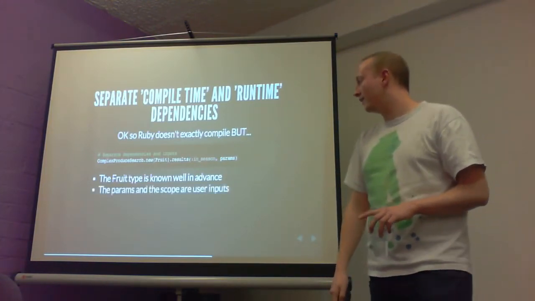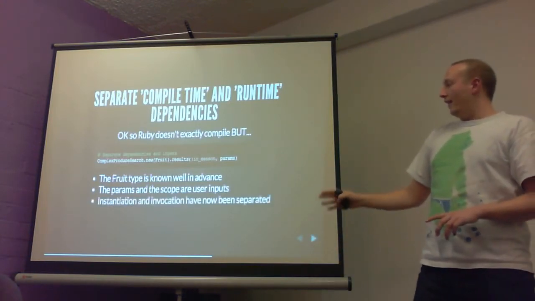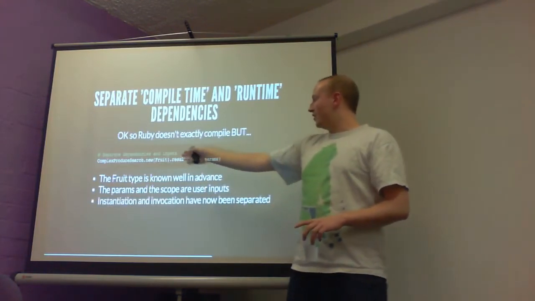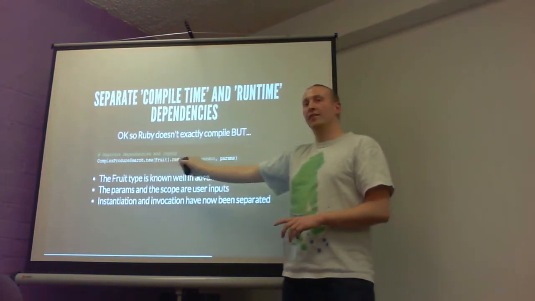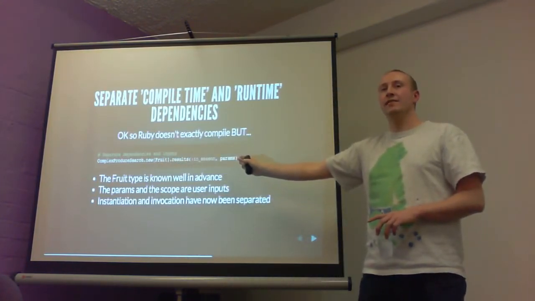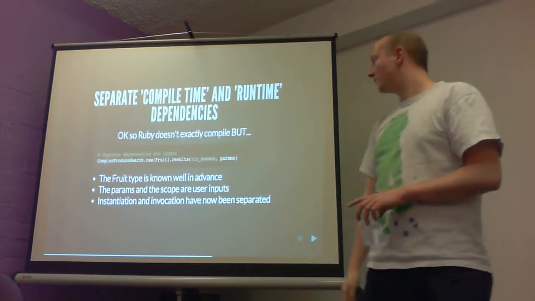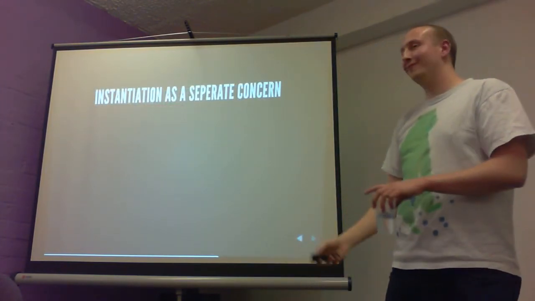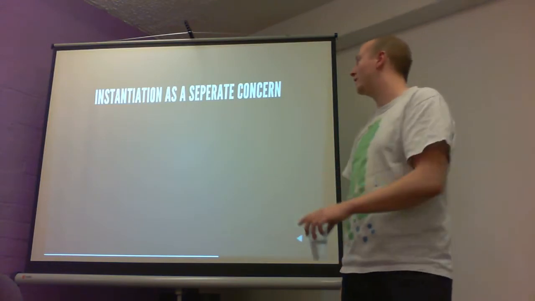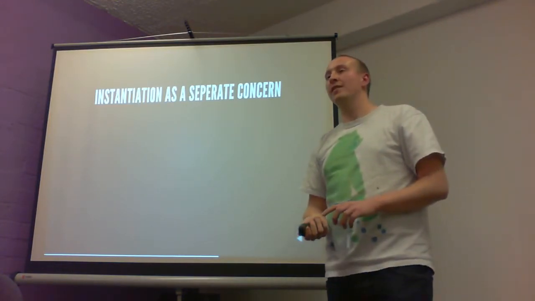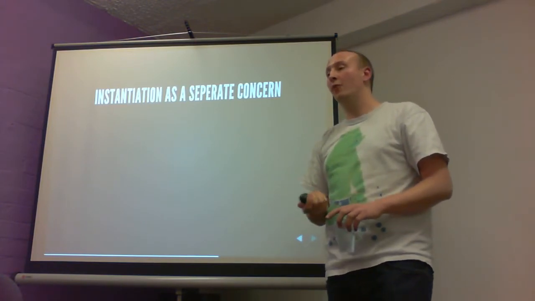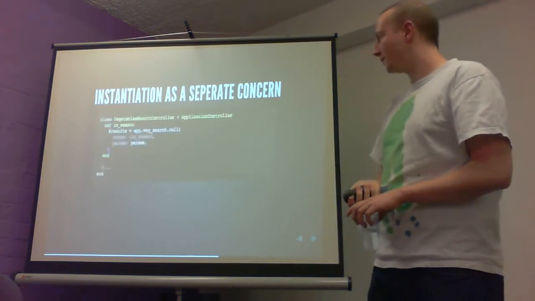So what we actually do is separate the instantiation from the invocation. So we can do this bit much earlier and do this bit much later, which really helps for configuring objects, passing it in, and then using it. So what you really want is instantiation as a separate concern, and this is kind of what dependency injection is all about.